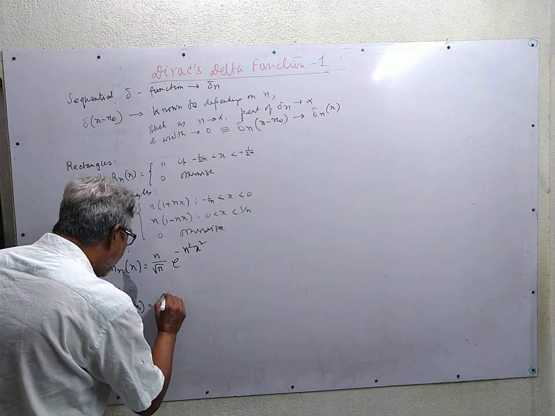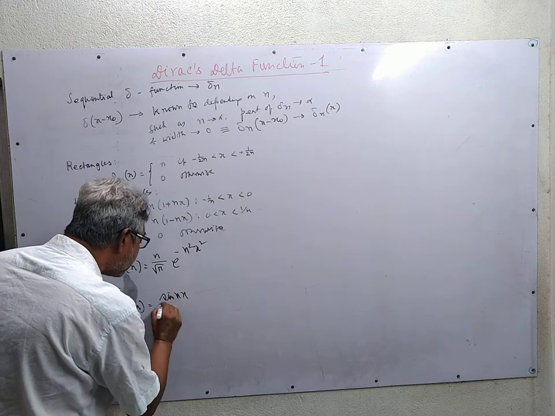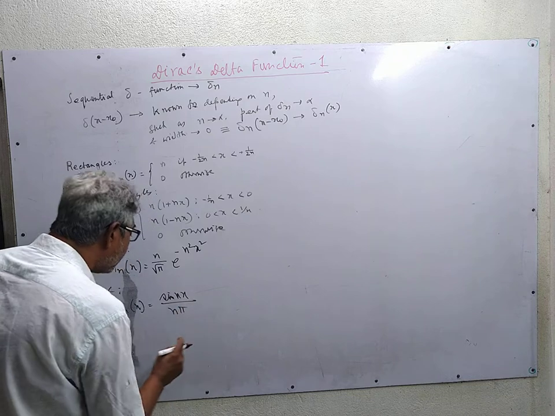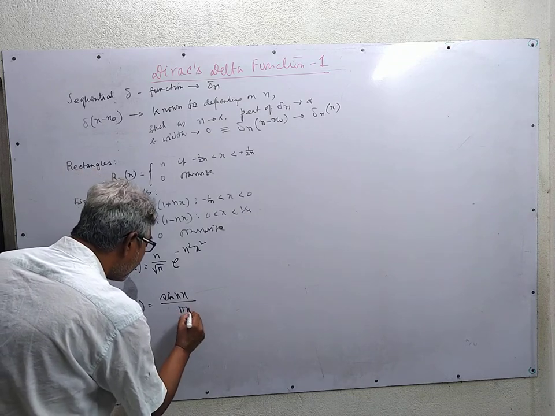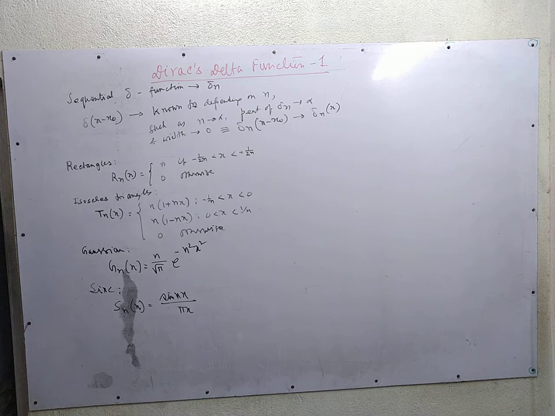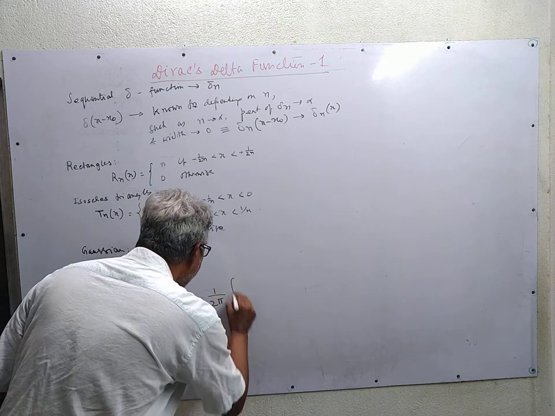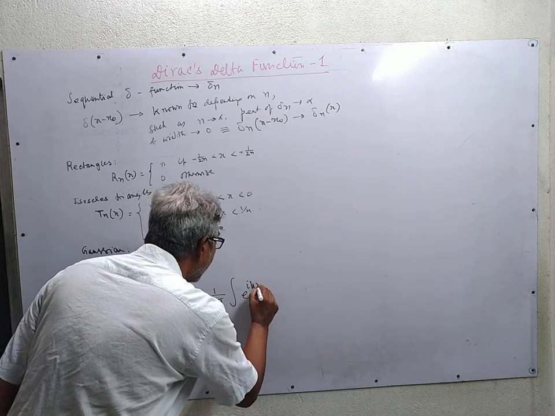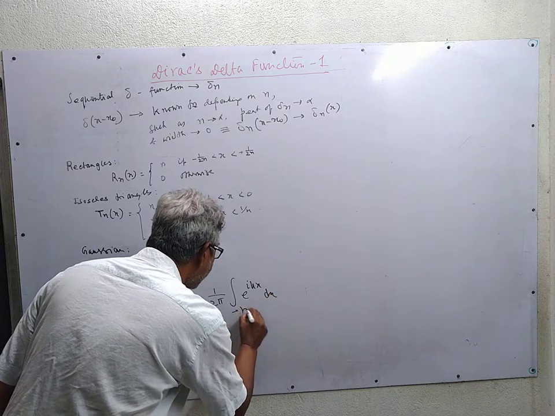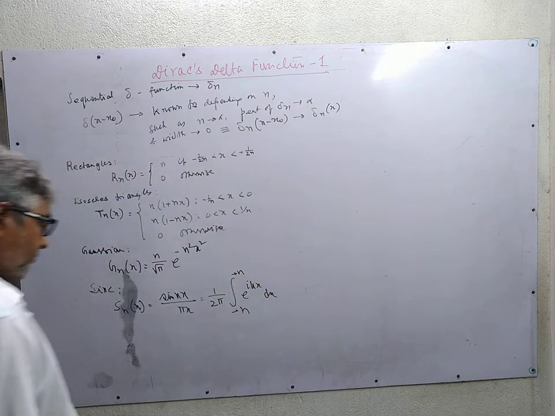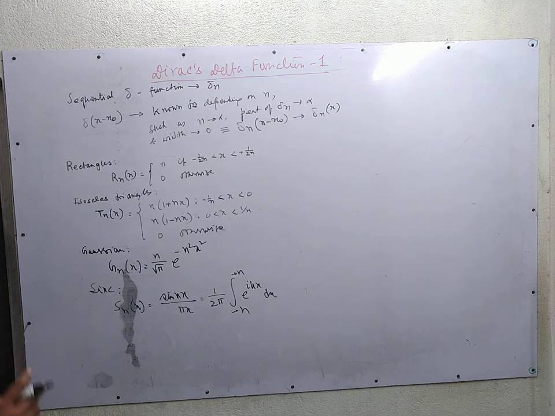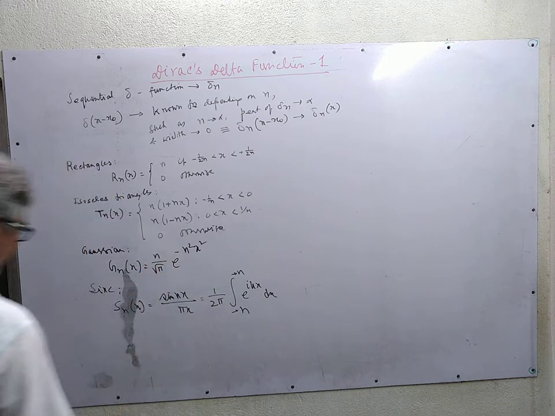This is given by sine of nx upon pi x. The sinc function can also be written as 1 upon 2 pi integration of e to the power i kx dk from minus n to plus n. If we integrate this, you will get this result.